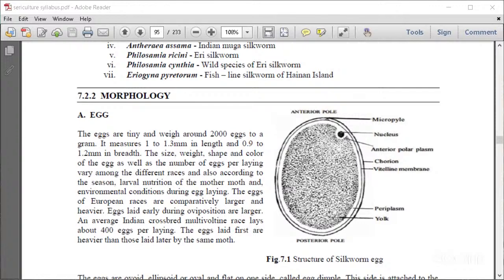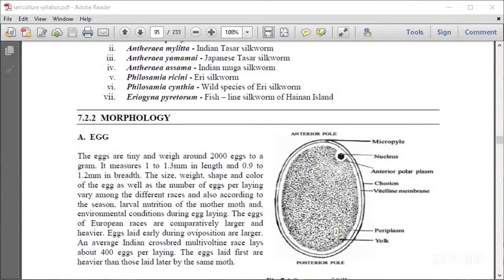The color, shape, weight and number of eggs per laying vary among the different races, and also according to the season, larval nutrition of the mother moth, and environmental conditions during egg laying.